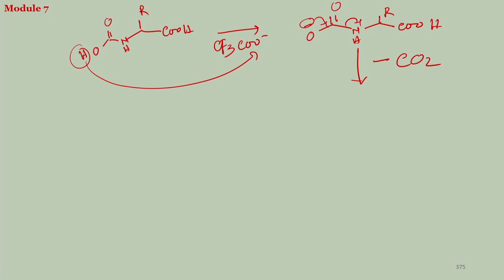I have written it stepwise, first this, then this. It can happen at the same time: this will take up this proton and then this will go here, and carbon dioxide would be eliminated. That will give you the NH minus, followed by protonation again to give you the amine back. So, that is how the deprotection of the Boc works.